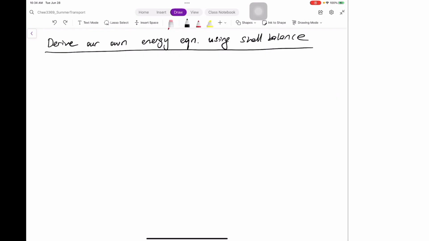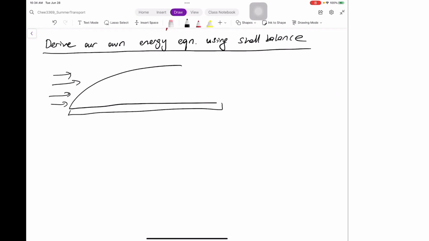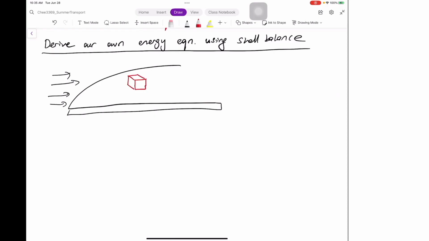Okay. Imagine that we have a plate, right? And fluid flowing around the plate like this. And imagine you take a shell with the dimensions delta x, delta y, delta z.